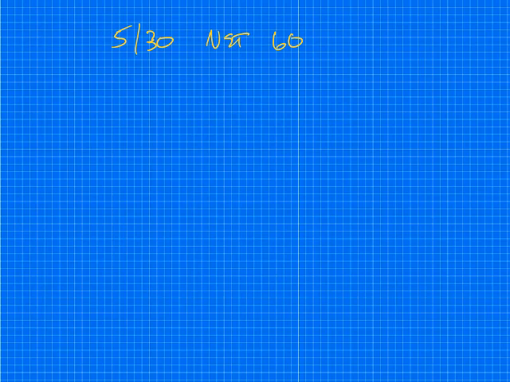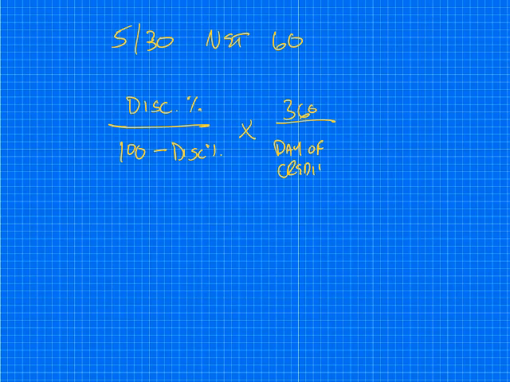And the formula is this: the discount percentage over 100 minus the discount percentage, times, and we'll stick to that 360-day year, 360 divided by the days of credit minus the discount period.